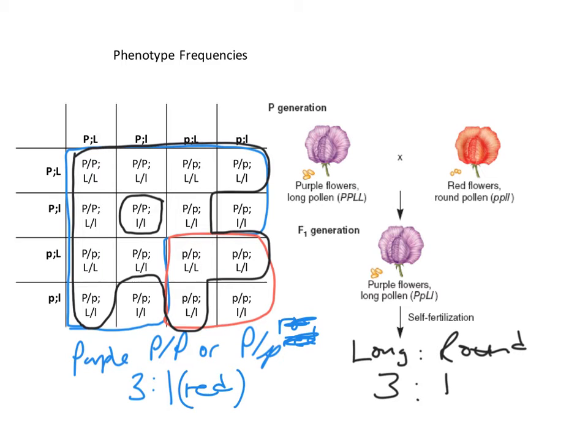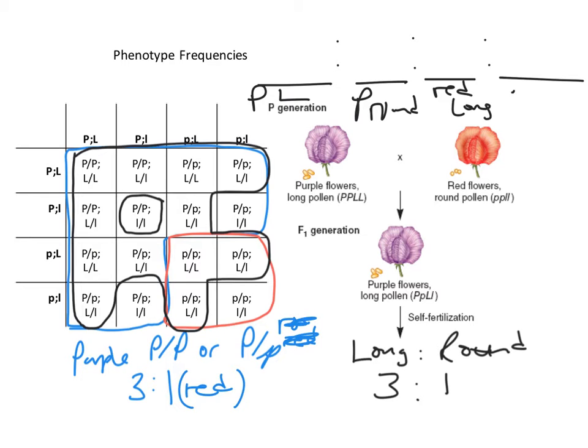You predicted on the first slide there were going to be 4 phenotypes out of this cross. All 4 combinations of the 2 flower colors and the 2 pollen shapes. So what are the relative ratios of those 4? We've got purple long, we've got purple round, we've got red long pollen, and we've got red round pollen.